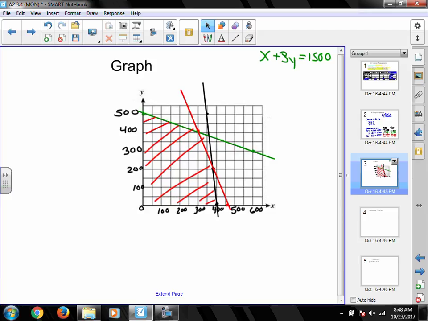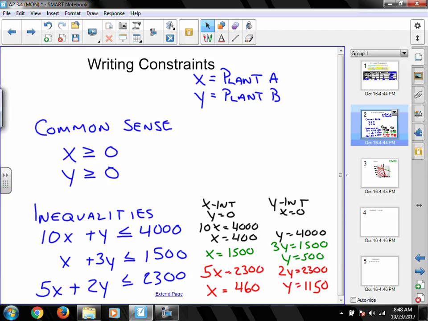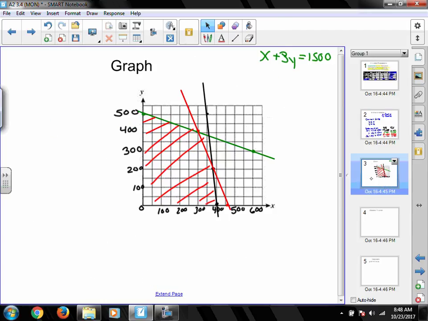Usually what I try and do is have those intercepts in here, but with those big intercepts that we had from our lines, we had it at 500, 4,000. Those are a little unrealistic for us to graph. If you're using your own graph paper, you can definitely do that because you have the ability to expand that. But with the graph that we have, we've got to work with what we've got.